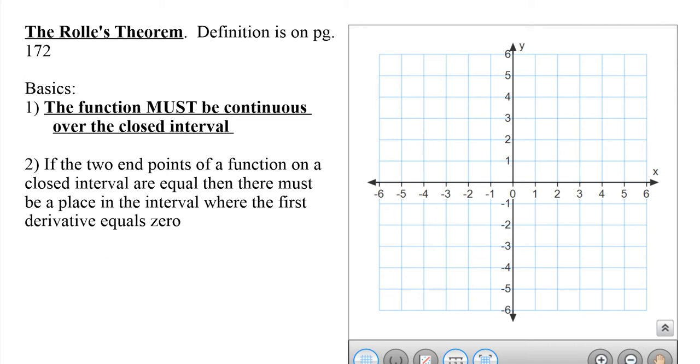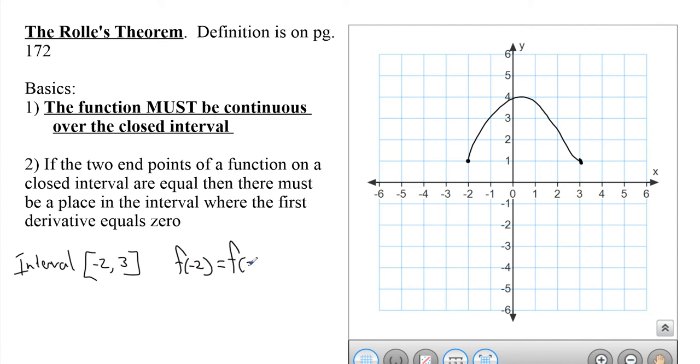So let's pick an interval. Let's say our interval is going to be from -2 to +3. There's our interval. And our function, from -2, it starts at 1, and then it comes up here, and eventually when we get down to 3, it stops right there. Over this closed interval, we also see that f of -2 is equal to f of 3.